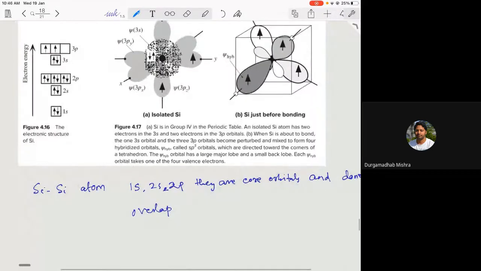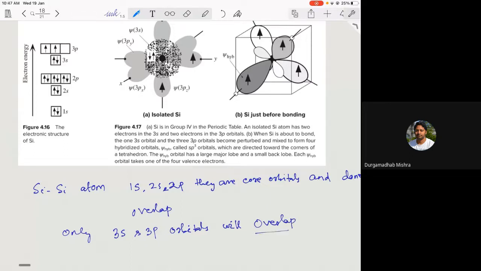Okay, so only this 3s and 3p orbitals will overlap and form the bands.